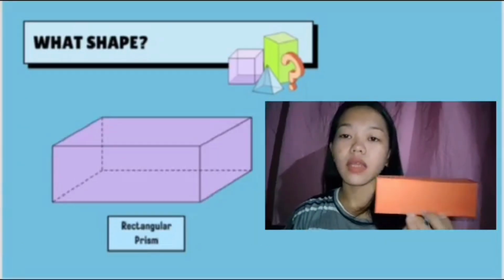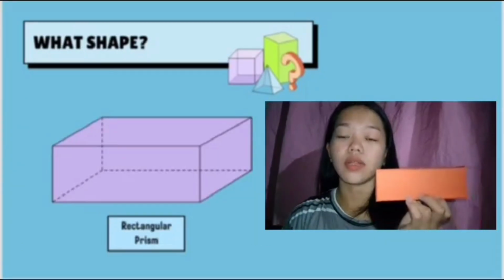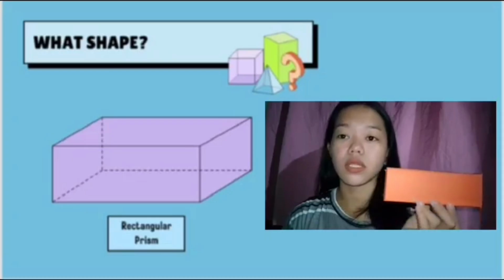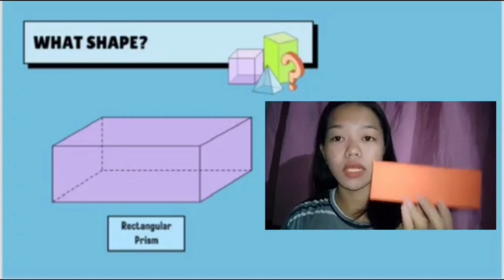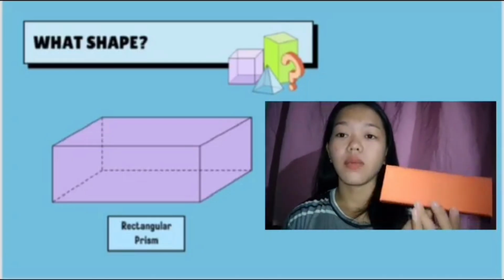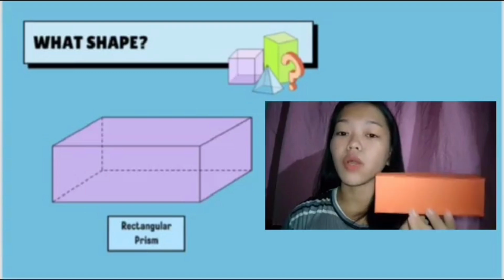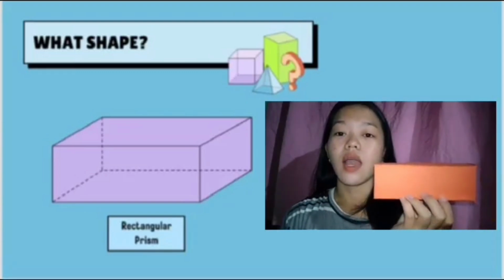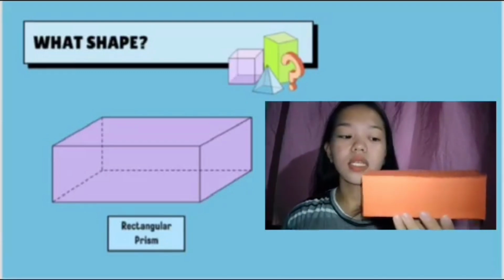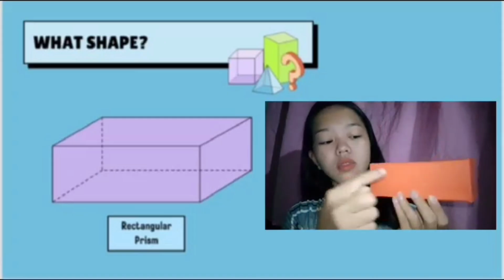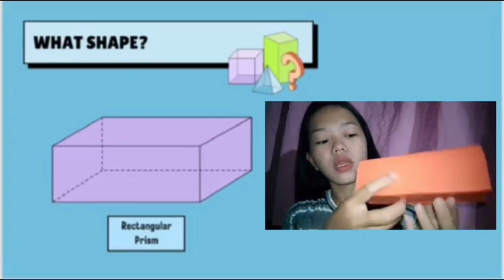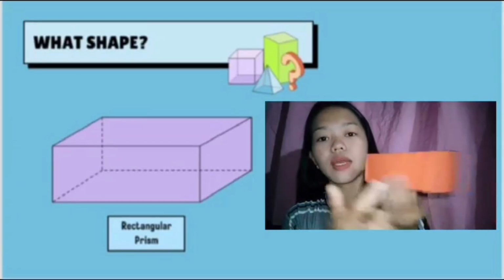Next is rectangular prism. So, a rectangular prism is also a 3D shape where all faces are rectangles like a box. So, pareha sa cube kagaina. And then, naa siyay faces nga 6, which is kani 1, 2, 3, 4, 5, and 6.